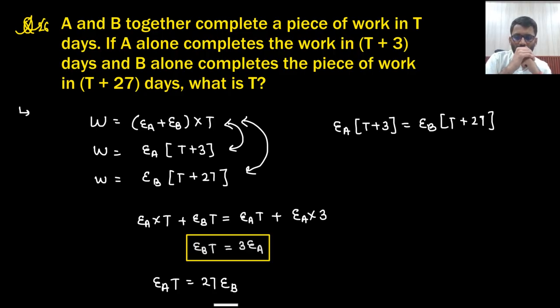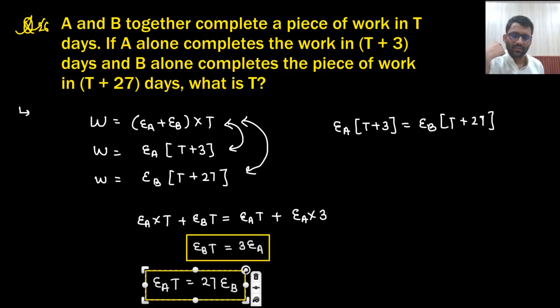Say yes or no. Right? Well and good. If I equate these two, EB into T is getting cancelled. So EA into T is equal to EB into 27.